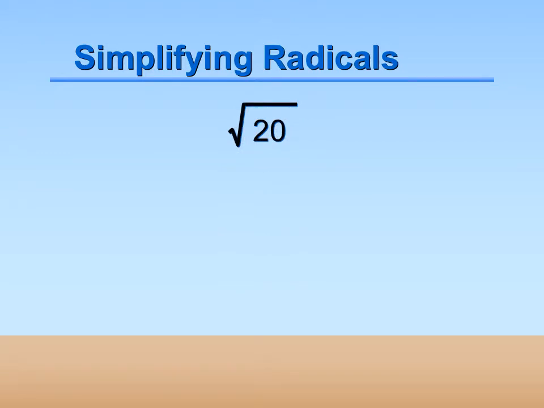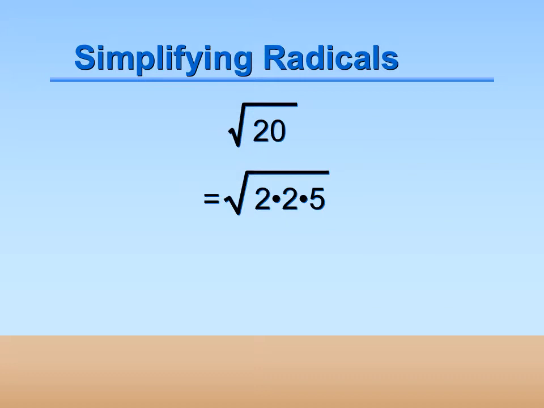What about the square root of 20? We put the square root of 20 in our calculator and we get some sort of really weird decimal. We don't like decimals. Well, what we can do is that the square root of 20 can be broken down into factors. So 20 is going to be broken down into 2, 2, and 5.